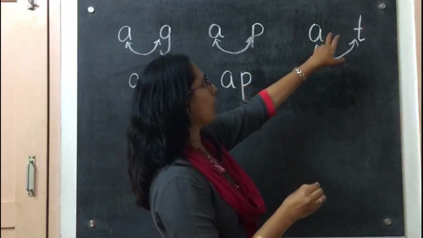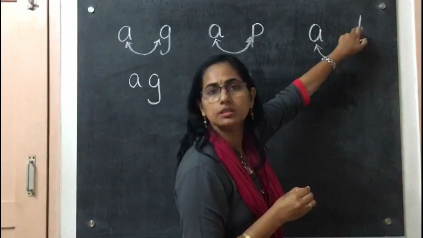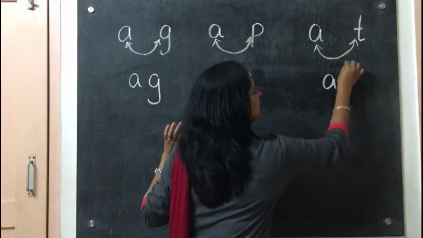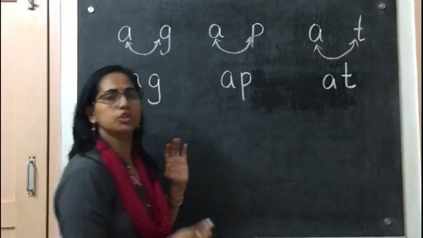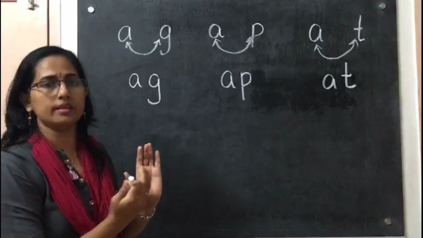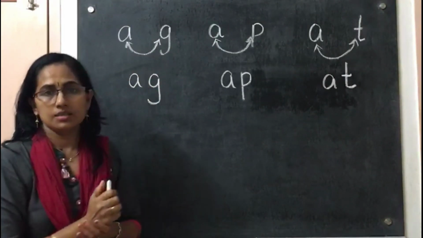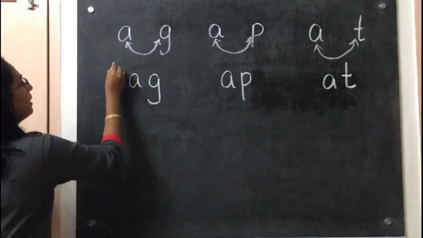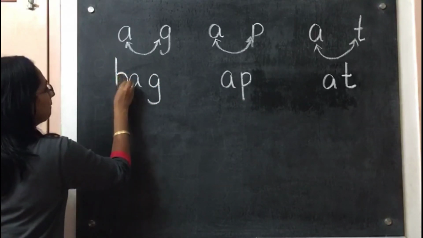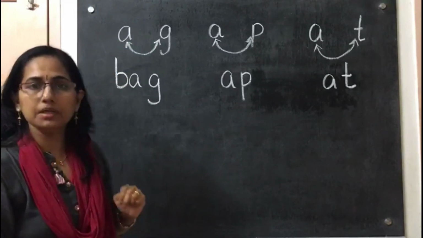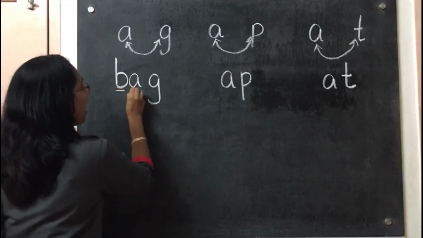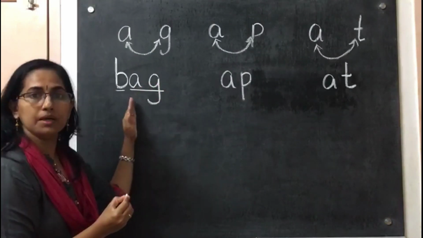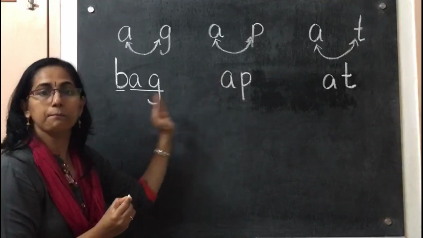And here we are going to join A with T, at. Now I will join one more consonant along with this sound, ag. Let me join letter B. Ag, bag.